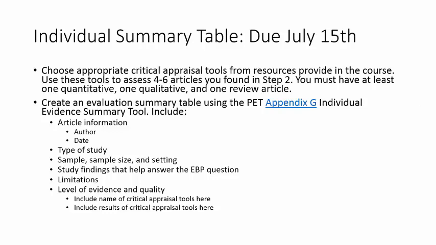And what I want you to do is to critically appraise them and to record how you appraise them in a table. I would like you to do at least one quantitative, one qualitative, and one review article for this one.